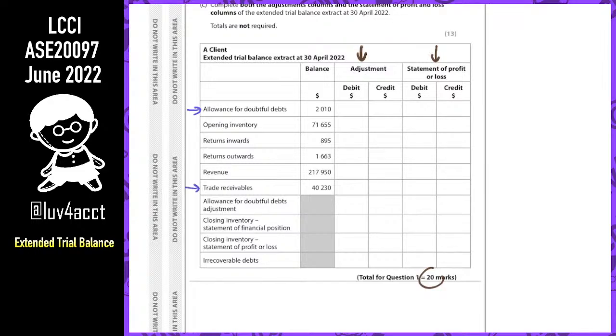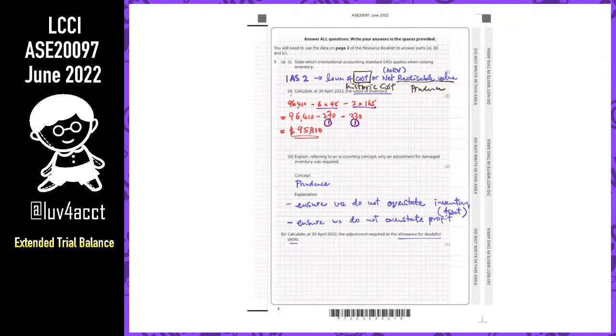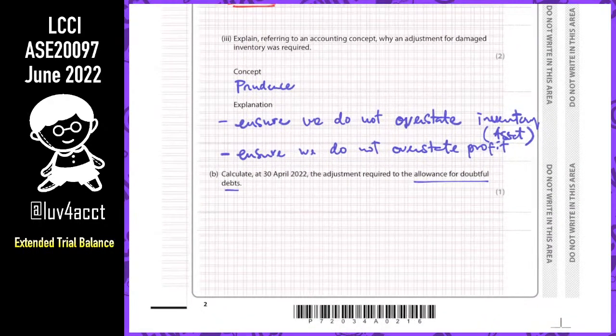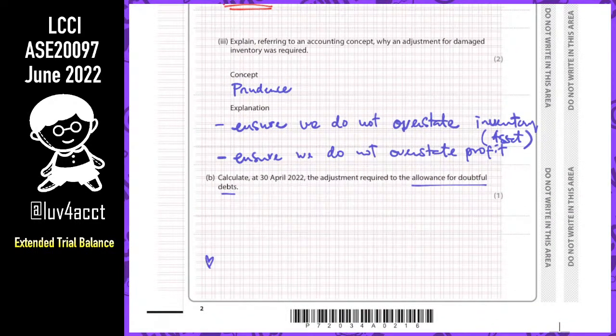Let me write the numbers here first. I immediately forget. Let me mark the notes here. My notes here: opening balance being 2010, and then trade receivables before adjustment we have 40230.